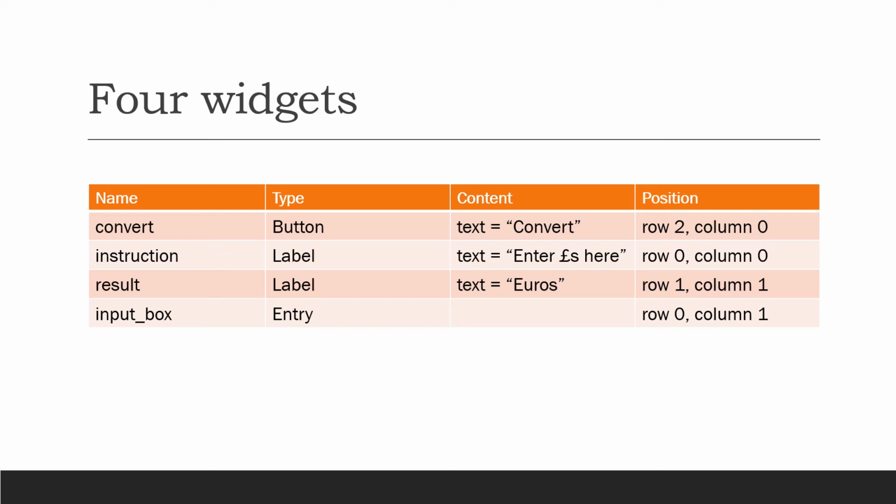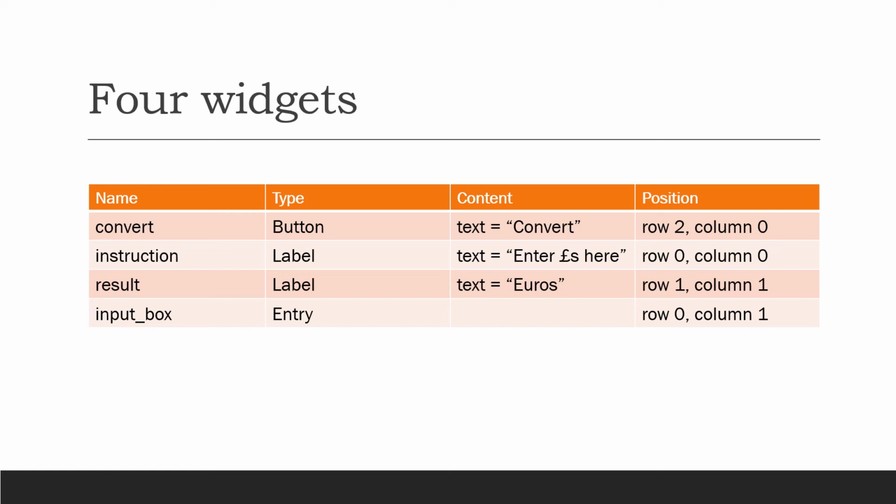I'm going to call them convert, instruction, result, and input box, and the types are button, 2 labels, and entry. Text boxes are called entry boxes in tkinter. The first 3 are going to have a little bit of text on them, and there are the positions that I've already worked out from my grid.